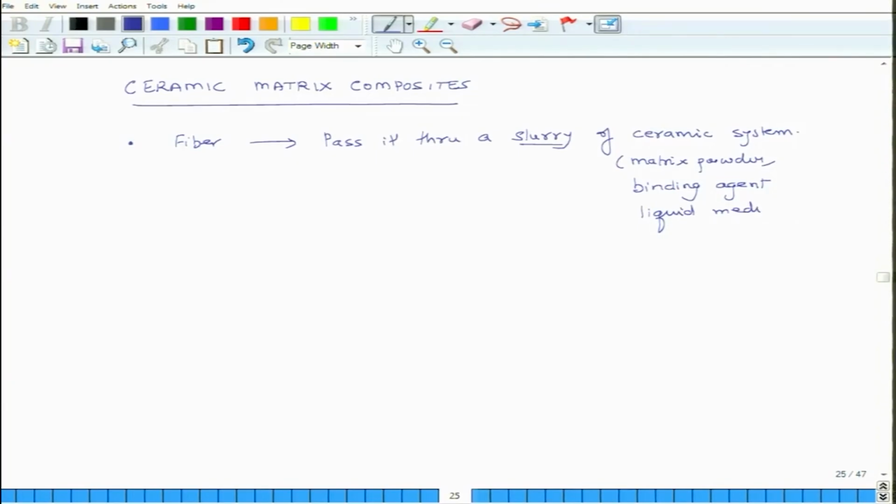At room temperature you have a fiber, let us say a graphite fiber or some metal fiber, and you pass it through a slurry, which is a mixture of matrix powder, a binding agent and a liquid medium. Now the slurry is sticking to the fibers, and you are doing this in tension. The fiber is pulled in a tensile state through the slurry, so it is straight.